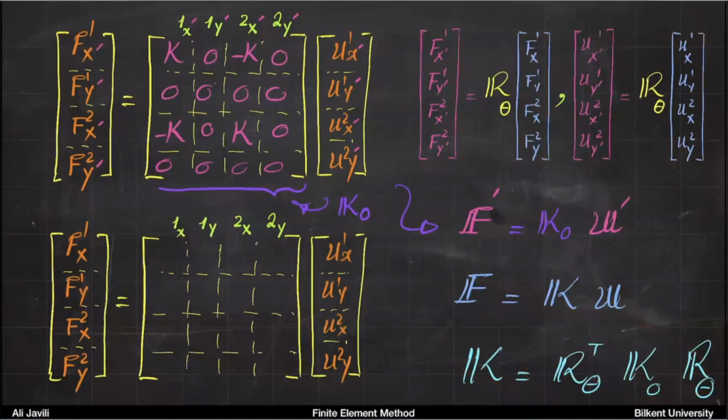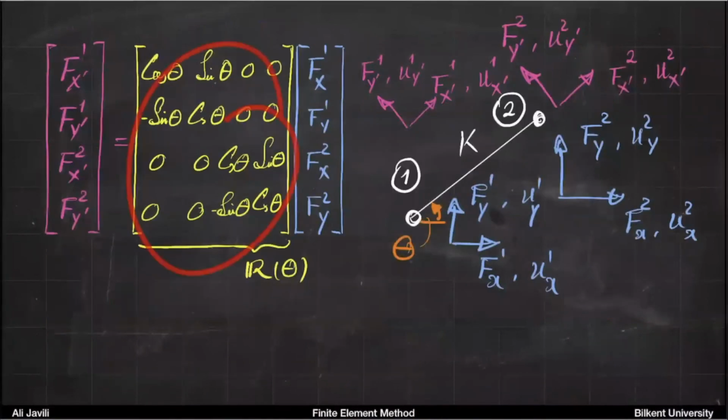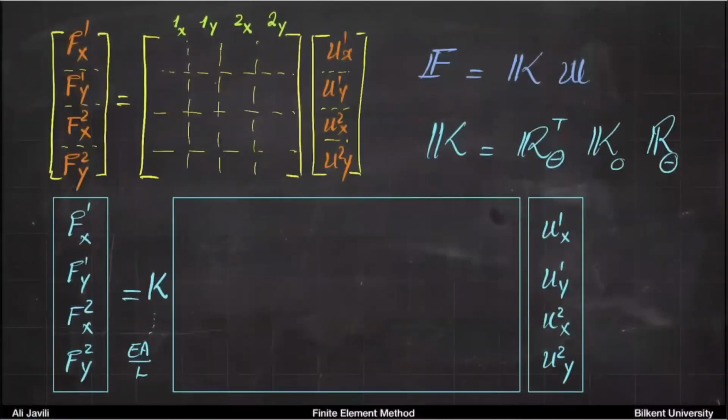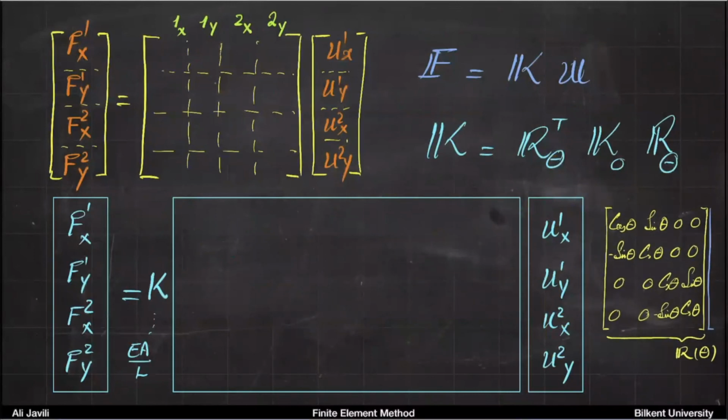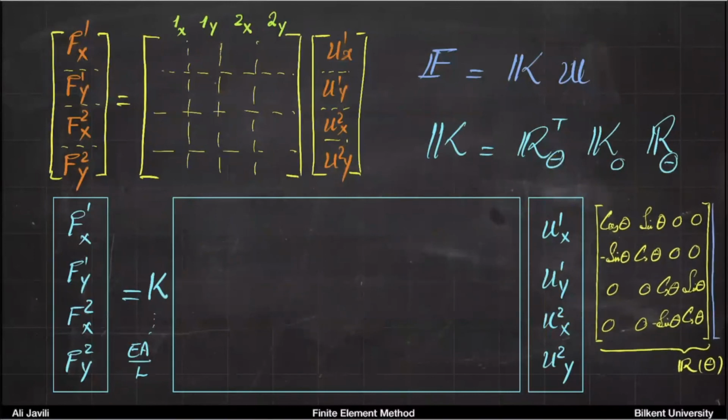R theta is what we defined here. So this is what you need to do. I'm going to put this R theta on this little corner here for you too.